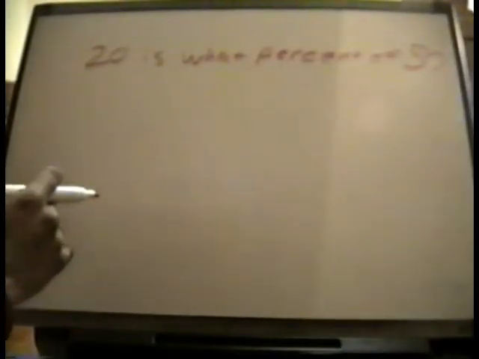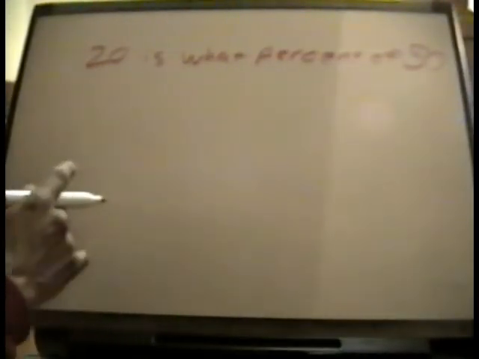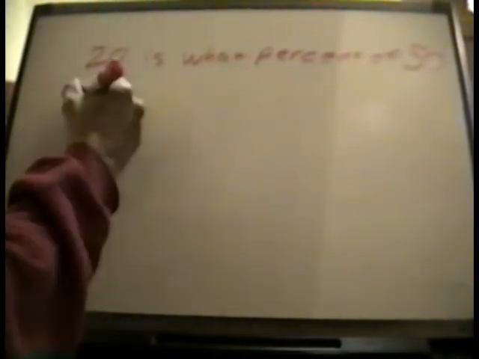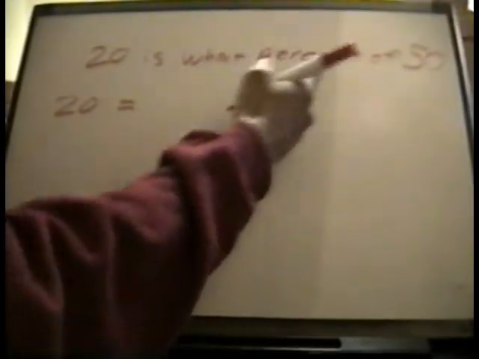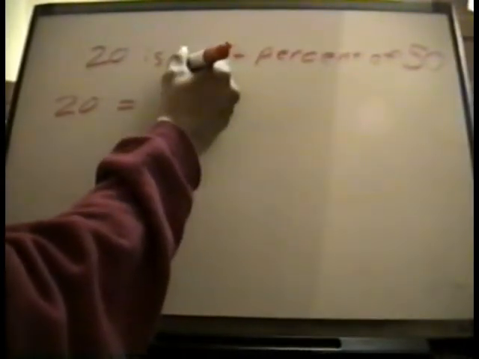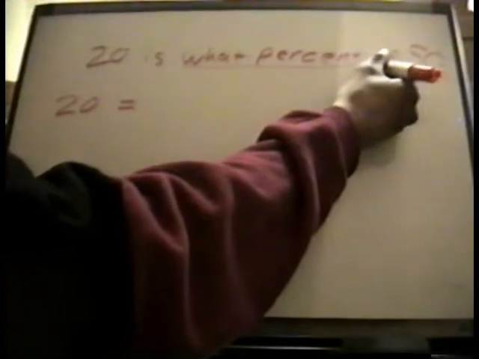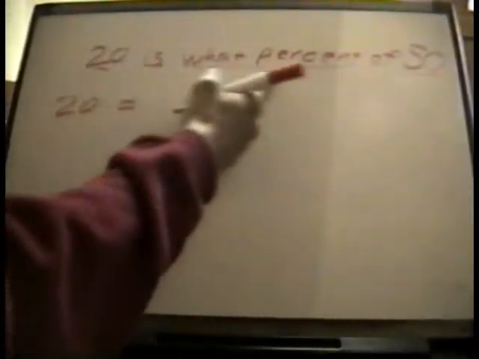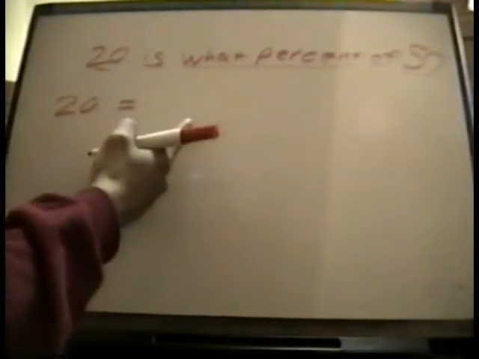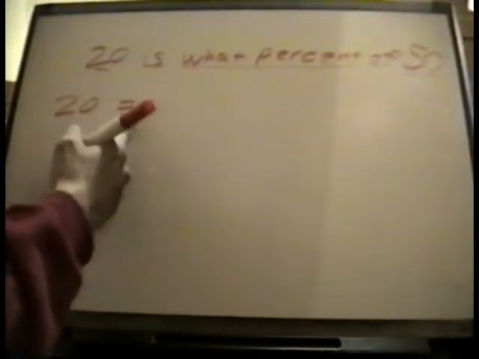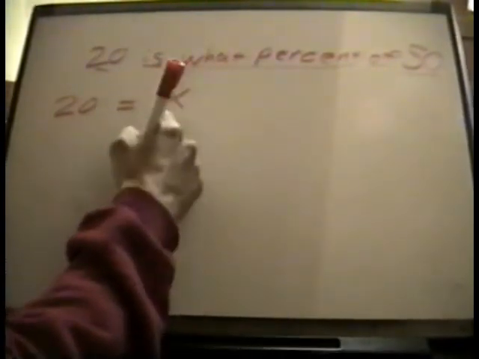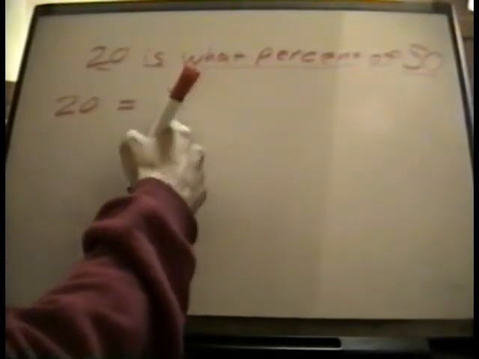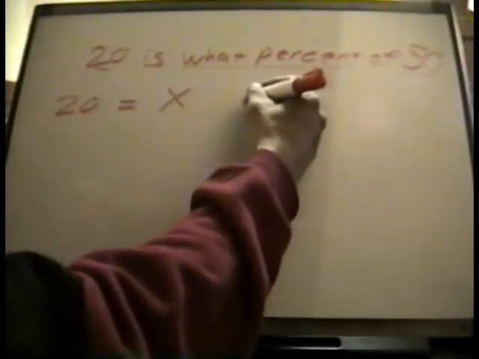Now here we have: 20 is what percent of 50? We say 20 is what percent of 50. Each word, 1, 2, 3, 4, 5. Here we have 5 terms. We're going to have 5 terms for our equation. 20 is what percent of 50?